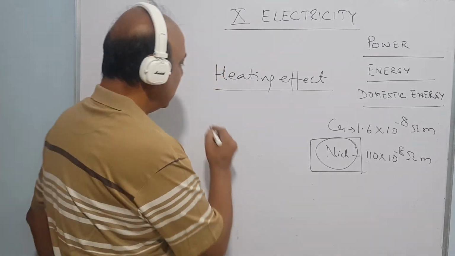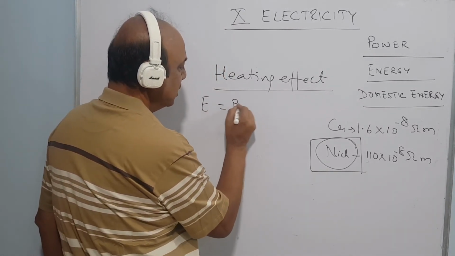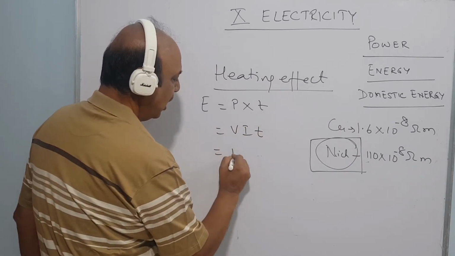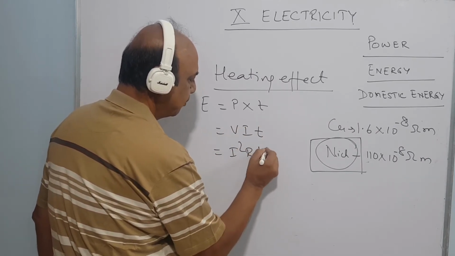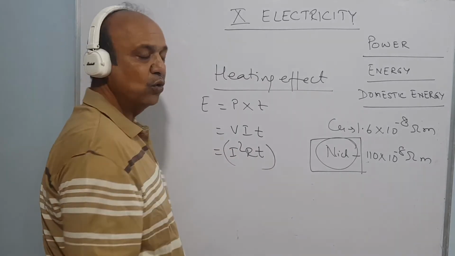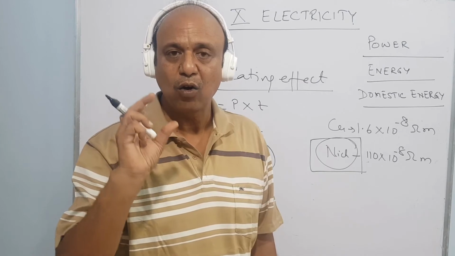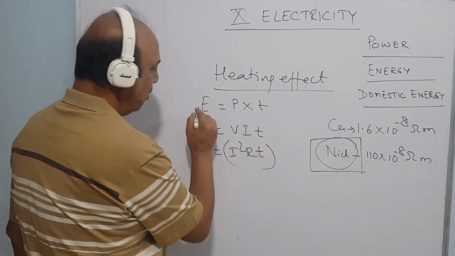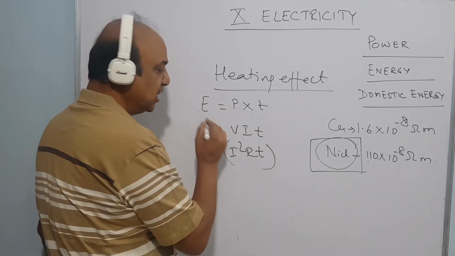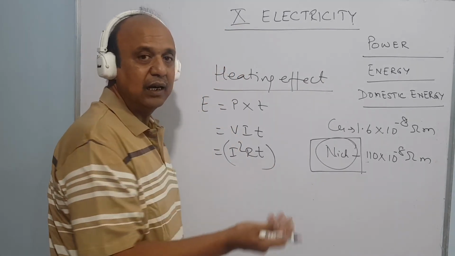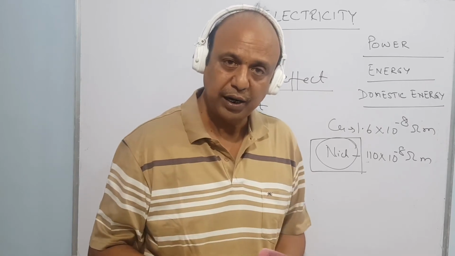Now what is energy? We said it is P into T or VIT or I square RT. Generally we use I square RT because it is to be used across a particular component. So do remember, electrical energy consumed is I square RT, heat energy produced is I square RT.